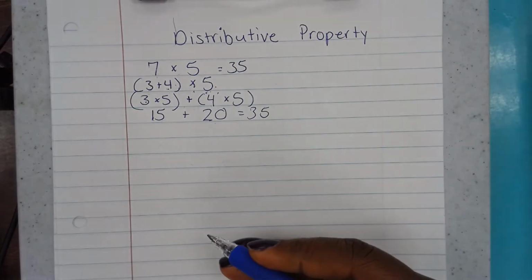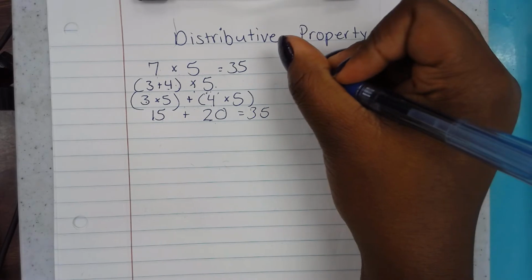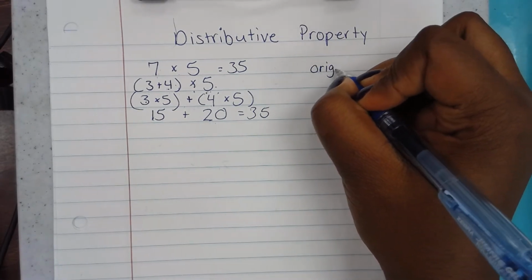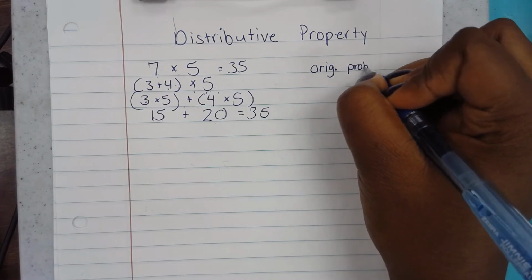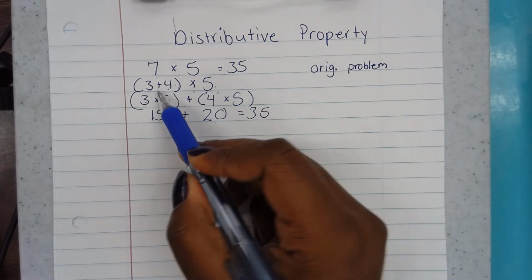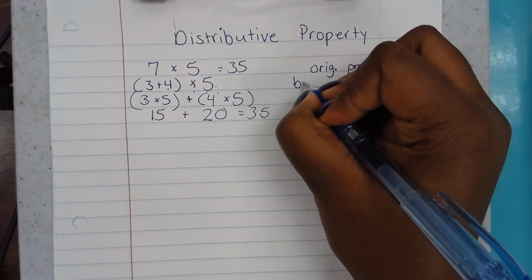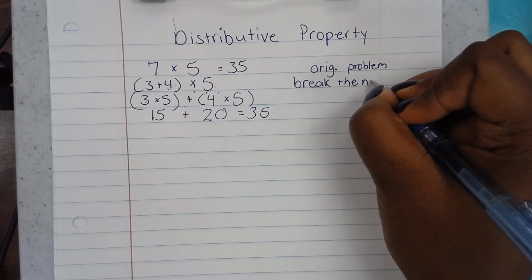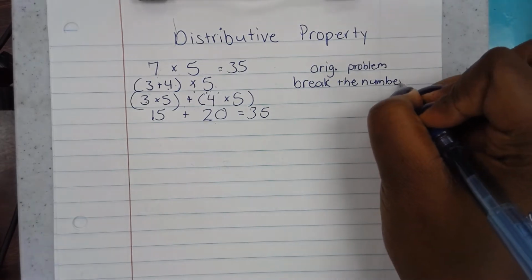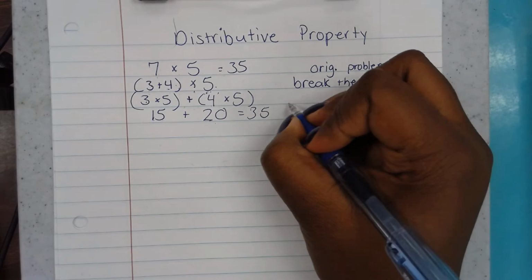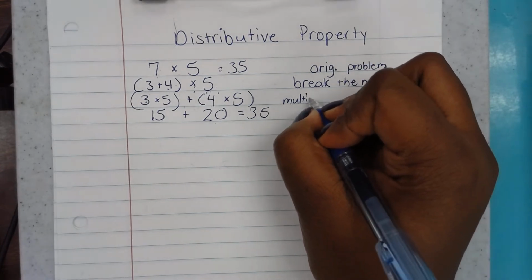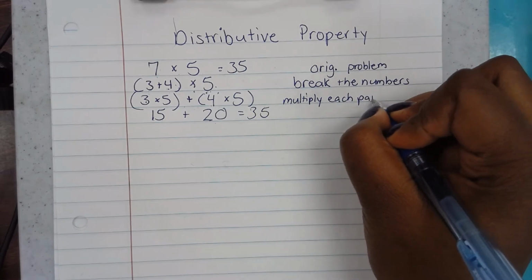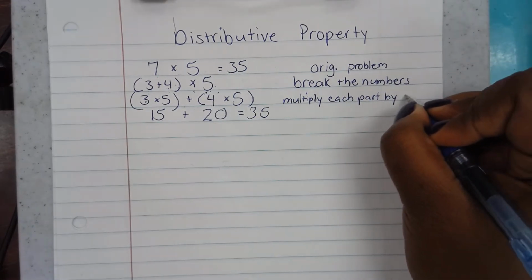So I hope that you understand the problem. What we did is we had the original problem, is what we started with. The first step that we did is to break one of the numbers. So we broke one of the numbers. The next step is to multiply each part by the original factor.